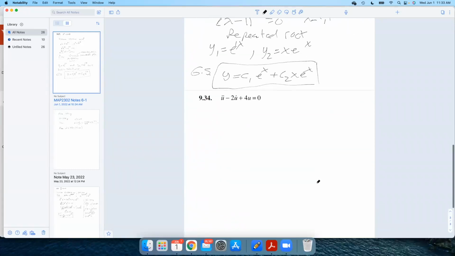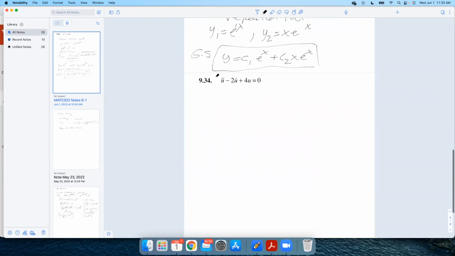Okay, and then one more example, and then we're done today. Same idea here. We're going to say, assume my solution is of the form u equals e to the lambda x. U prime, this is all going to be the same, right?